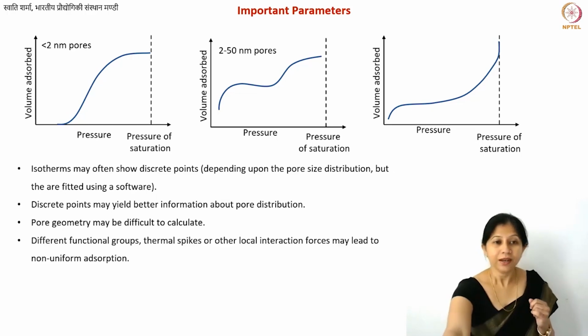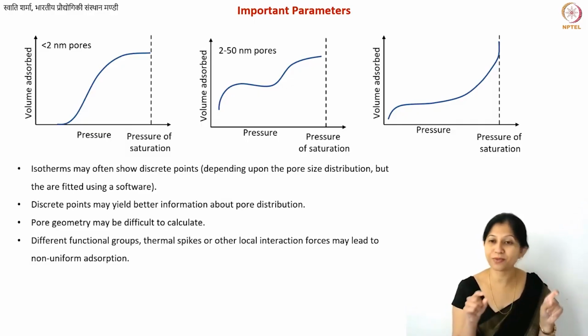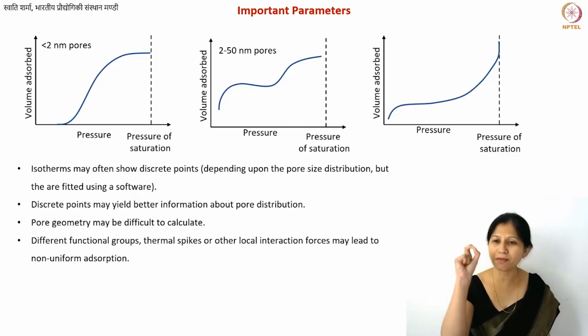Okay. Fine. What else? You have different functional groups. You also have what is known as different thermal spikes. At different positions of your samples, you may even have certain temperature gradients. Although we are trying our best to ensure that we don't have these gradients, and we are trying to minimize the molecular motion by using the liquid nitrogen and so on, even minor thermal spikes can change the adsorption behavior locally.